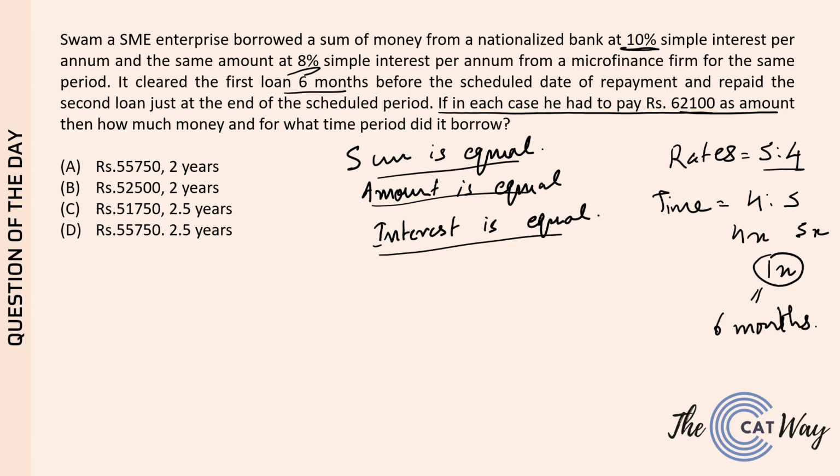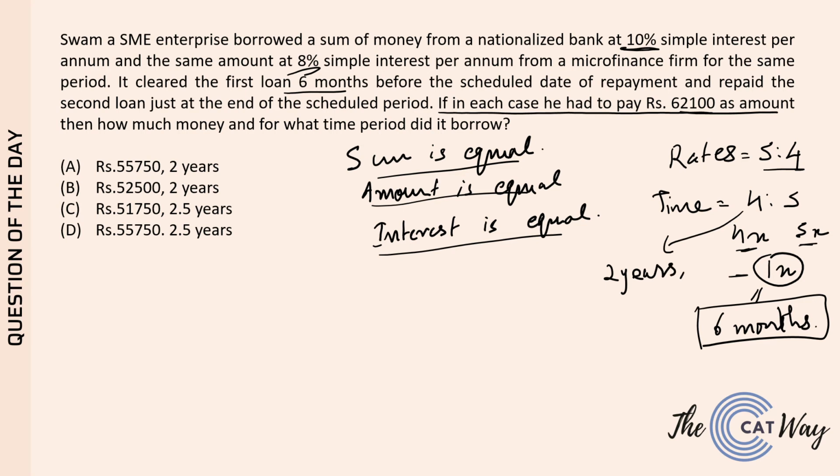So since 1x is equal to 6 months, 4x will be equal to 24 months, that will be equal to 2 years.